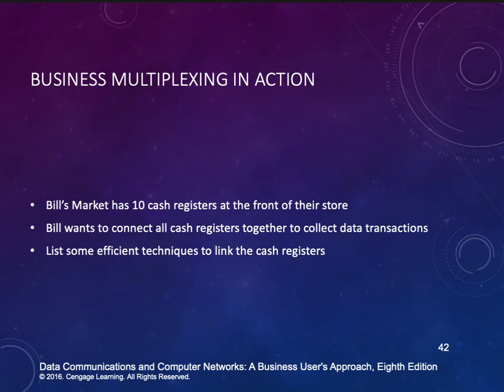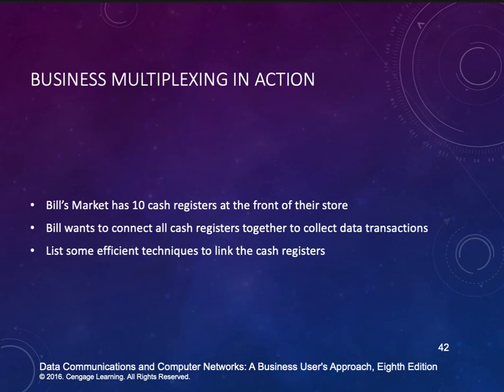For example, here we have Bill's Market, which has 10 cash registers at the front of the store, and wants to connect all cash registers together to collect later transactions. List some efficient techniques to link the cash registers.